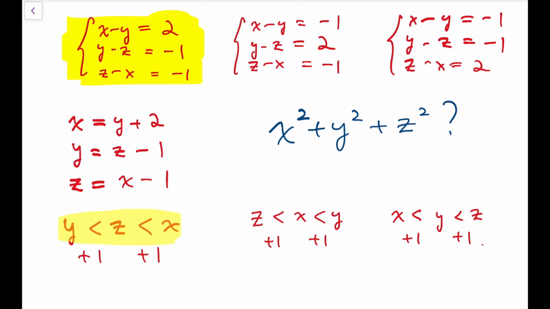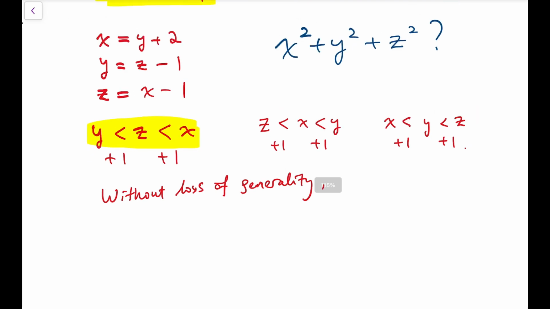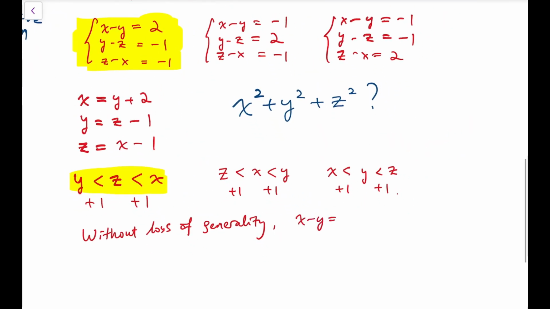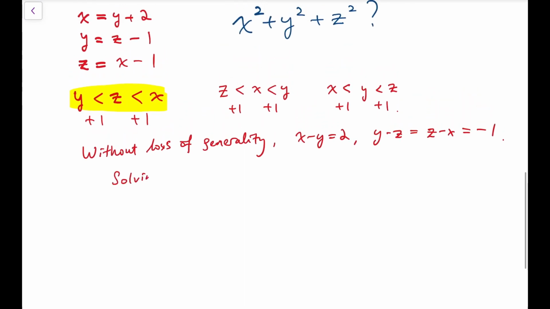So why not just choose the first system and say that by symmetry I can assume this, or in a more precise term, without loss of generality, I will use the first system and say that x minus y equals 2, and the other two equal minus 1. So solving it, I have y to be z minus 1 and x to be z plus 1.